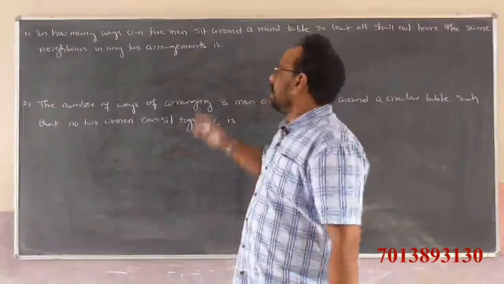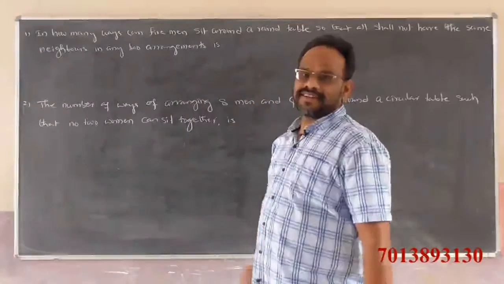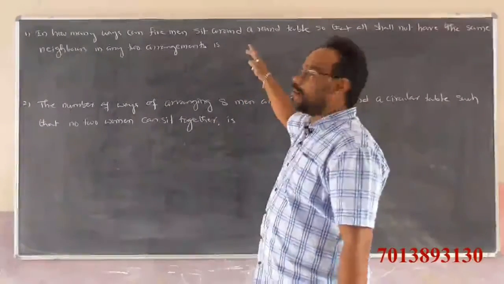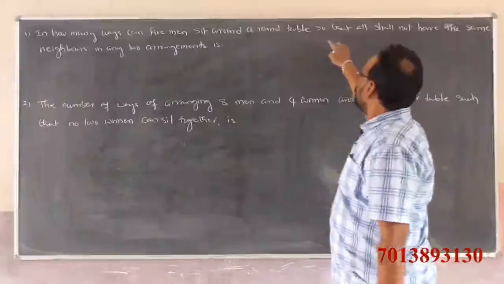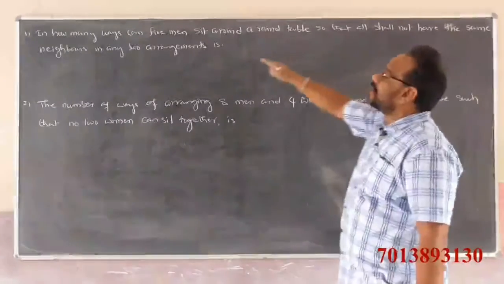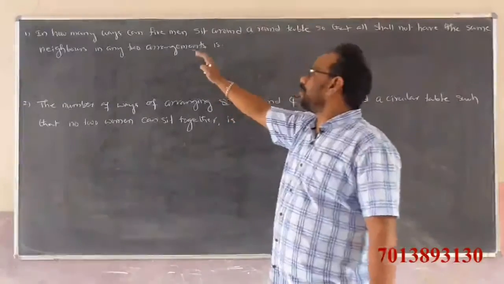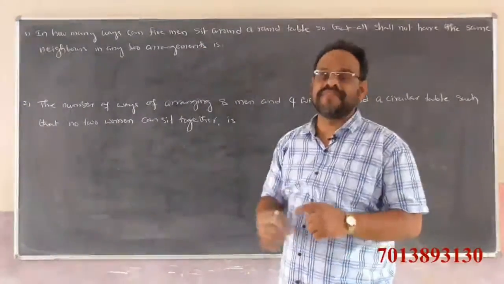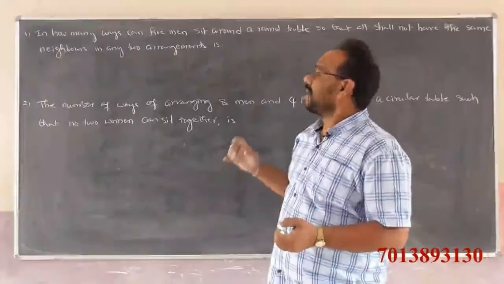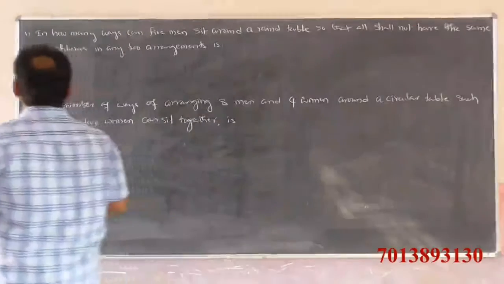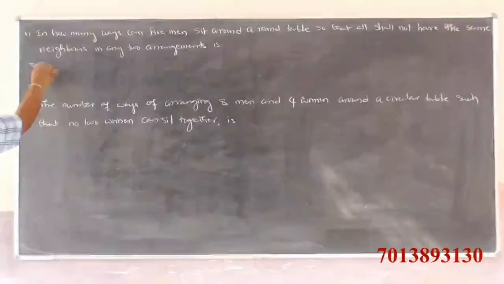Observe here. In how many ways can 5 men sit around a round table so that all shall not have the same neighbors in any two arrangements?